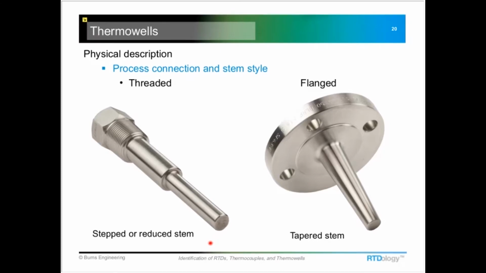The reduced is typically specified when you need a little faster response time, and the tapered stem is a compromise between a straight stem and the stepped. So it gives you a little more strength, but a little faster time response than if it were all a straight stem.